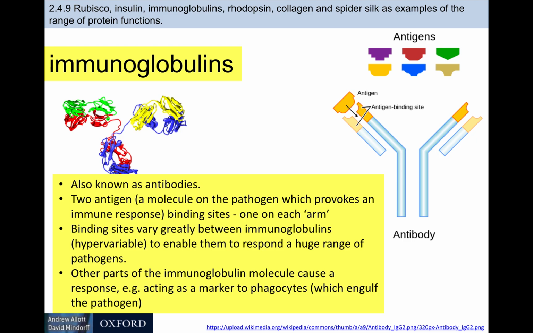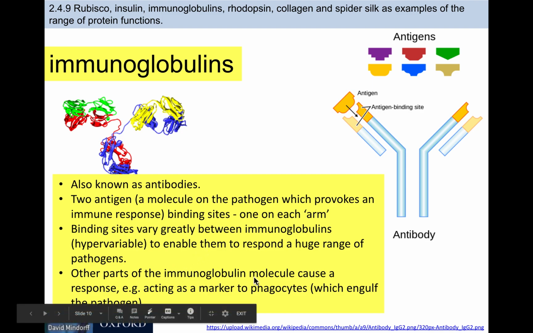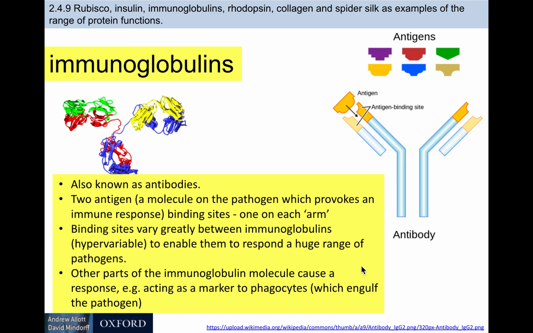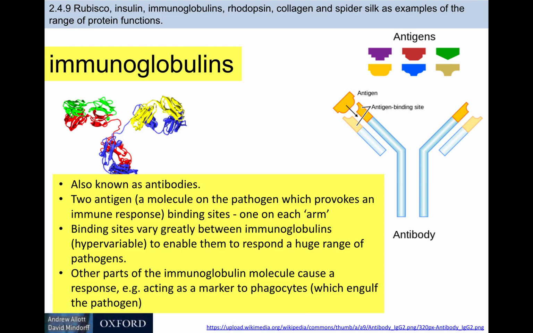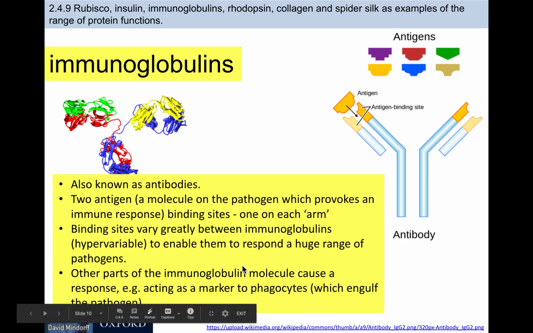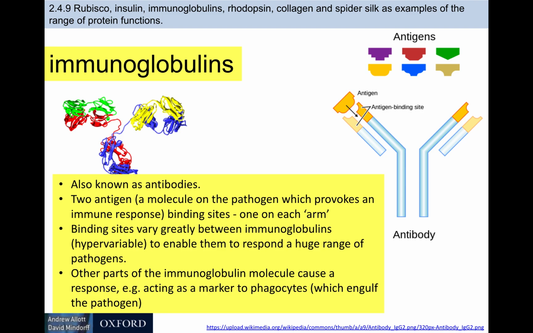They've memorized it from past interactions, and then they can trigger immunoglobulins, which act as a marker to a phagocyte, a large cell that's going to engulf that pathogen. It's going to eat that pathogen before it hurts your body. So antibodies and immunoglobulins are examples of your immune system's proteins.